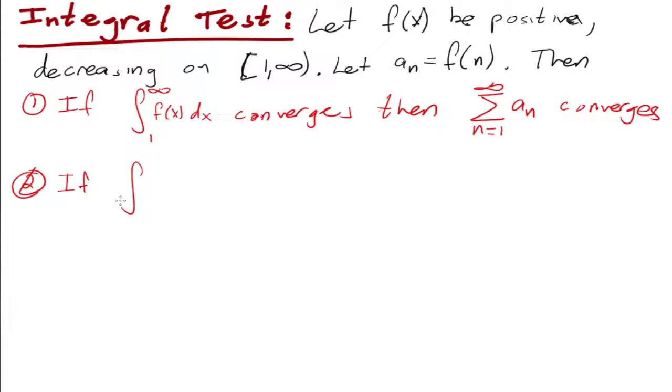Depending on how we put the rectangles, we can draw it one way or the other. But basically what it comes down to is that they behave in the same way. If you're comparing the area of the two, if one converges, then the other one also. If the integral is going to converge, then the sum is also going to converge.